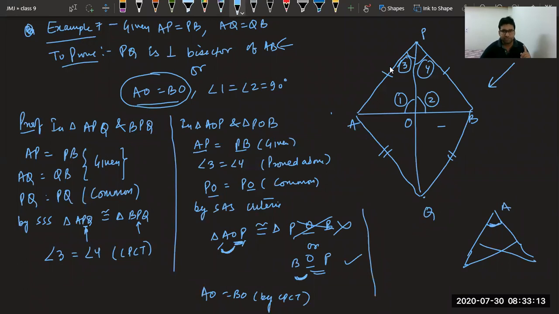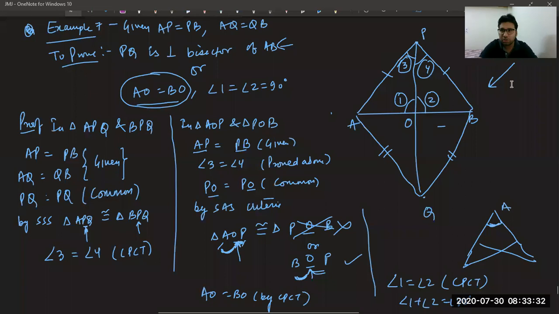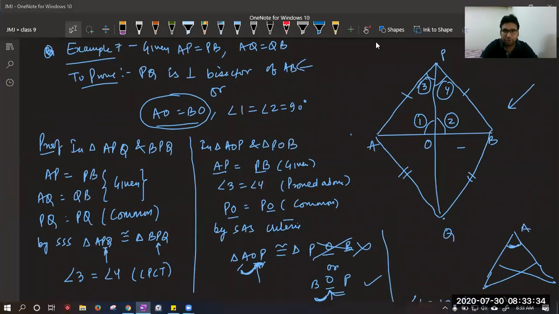For that, you can say angle O and O are corresponding, so angle 1 equal to angle 2, again by CPCT. Now you can say they are forming a linear pair, so angle 1 plus angle 2 equal to 180. From here, I have given you the hint to prove them 90 degrees. Okay, all of you, time is almost up. Let me stop the recording.